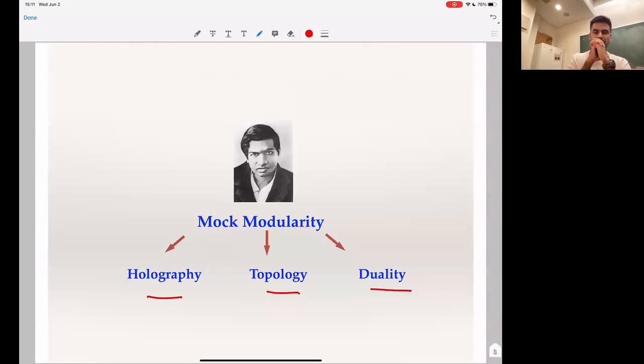But the modularity gets restored in a very subtle way because of contributions coming from non-compact parts of the field space. So it reassures us that holography is still true. Similarly for duality, it would have looked very odd if the duality symmetry was not valid on CP2 or some manifold like that. I'm sure there will be all kinds of contexts. Also, meromorphic Jacobi forms appear quite naturally in many contexts. So many generalizations are possible.